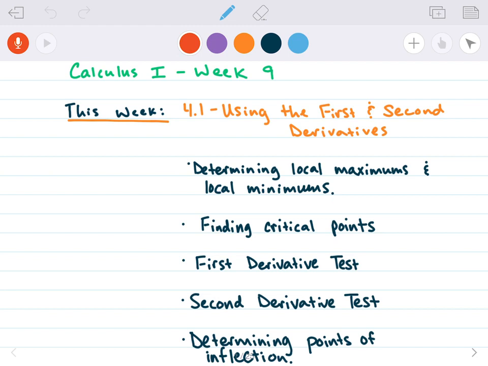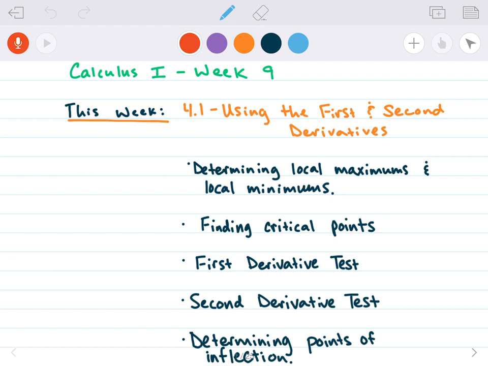Okay, so this is week 9, and this week we're going to be talking about 4.1 in the textbook. We're going to start by reviewing some things that we learned about first and second derivative functions in terms of their graphs, and then we're going to use those ideas, the previous ideas that we talked about in Chapter 2, to talk about local maxes and minimums.